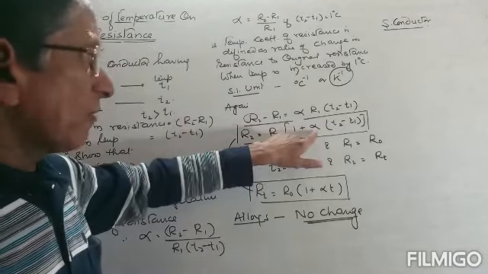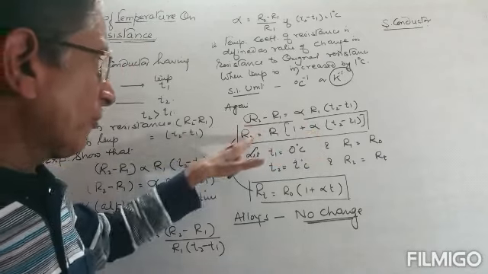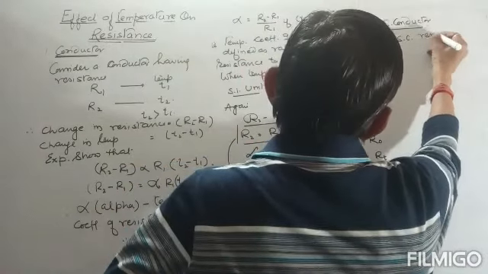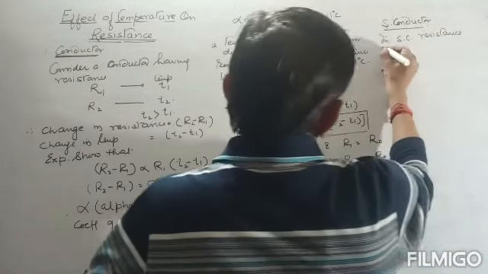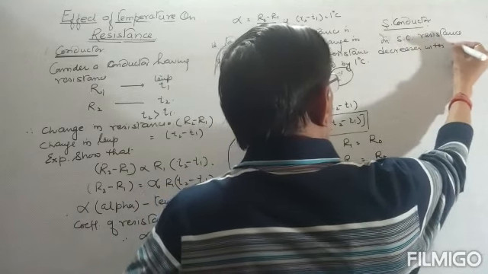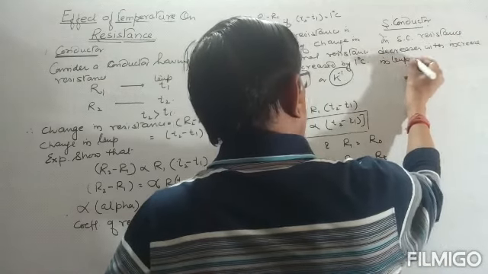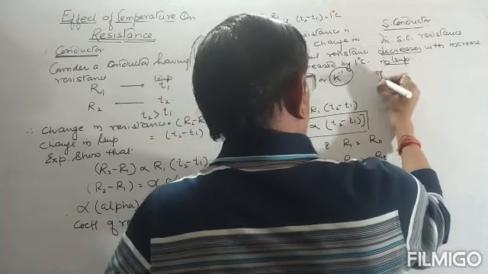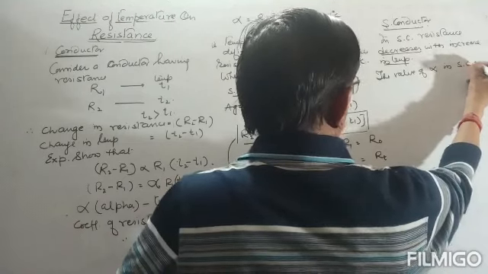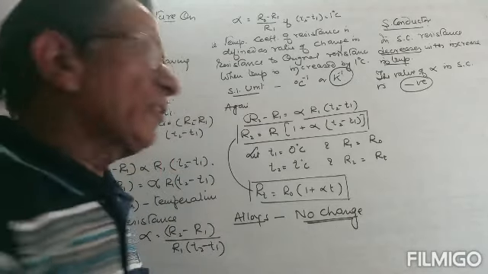For semiconductors, the value of alpha is negative. In case of conductors, alpha is positive. In case of semiconductors, alpha is negative. So in semiconductor, resistance decreases with increase in temperature, and the value of alpha is negative.